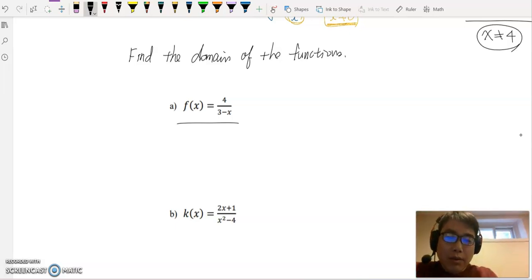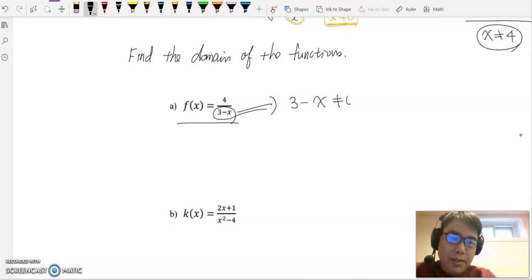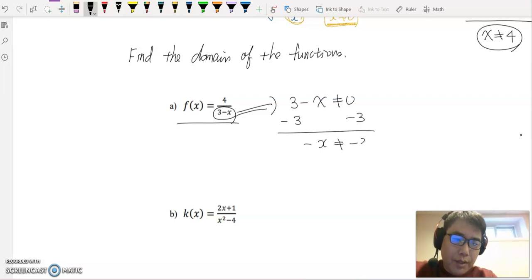Okay, so now let's bring out this one. So 3 minus x cannot be 0, and then let's solve for x. So you can subtract 3 here, then negative x cannot be negative 3, so divide by negative 1, then x cannot be 3 basically, right?